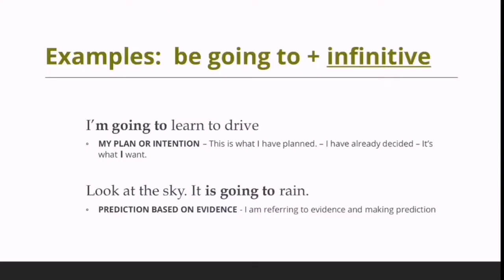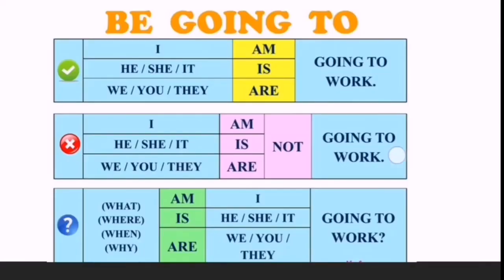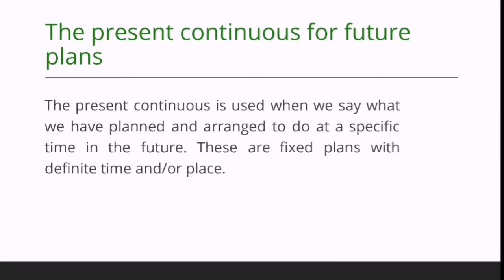Okay? Let's talk about the present continuous when talking about future. Because remember that we use the present continuous also to talk about the present when it's happening at the moment of speaking.